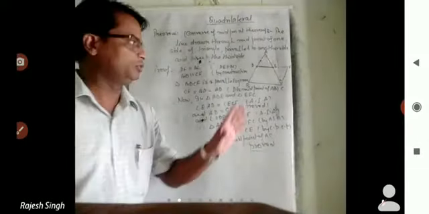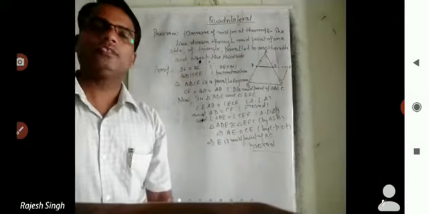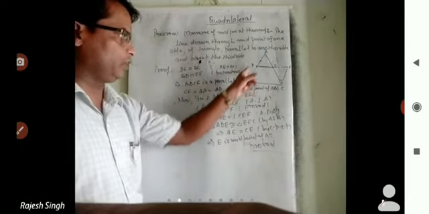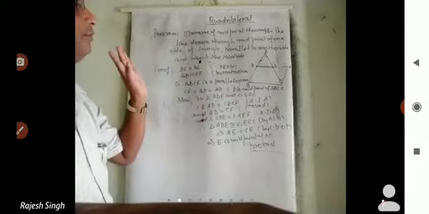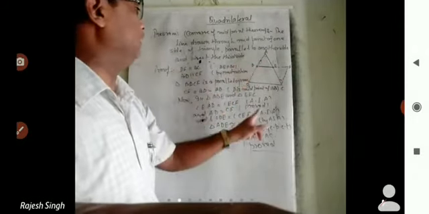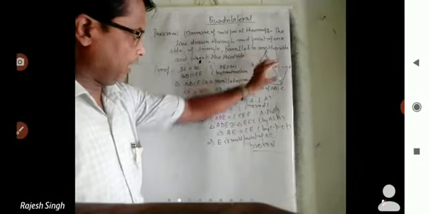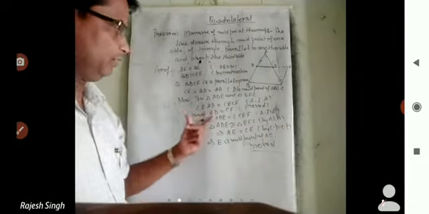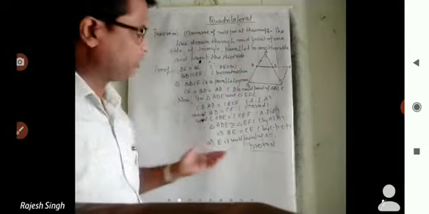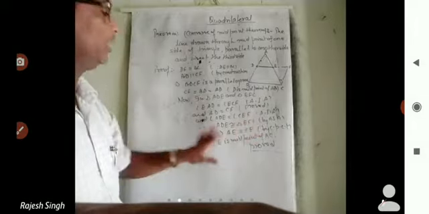If opposite pairs of sides are parallel, then the quadrilateral is a parallelogram. Again, in triangles ADE and EFC, I have proved they are congruent by angle side angle.